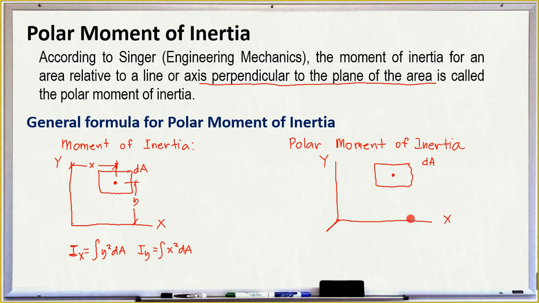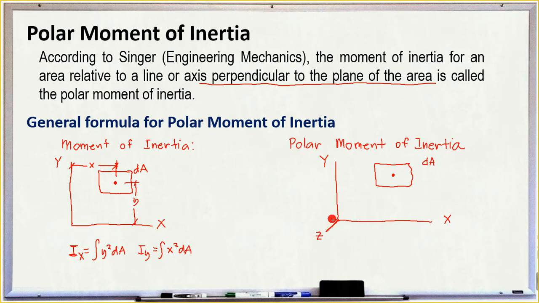Assuming this is a 3D plane, for the polar moment of inertia, that is its axis, and we can denote it as z. Diri iyahang axis of rotation. It is only a tendency to rotate, not that it actually rotates.